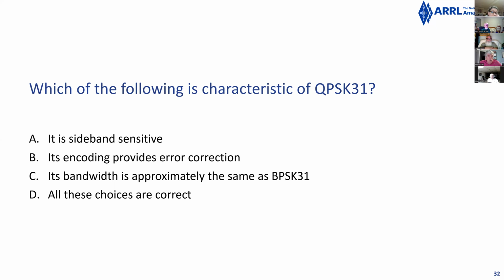All right, in the interest of time, it's D. All of these are correct. You need to be listening on the right sideband. QPSK gives you some, not sure if it's error correction or error detection, but it makes it more sure that what you're seeing when you receive is correct. Its bandwidth is about the same as BPSK31.